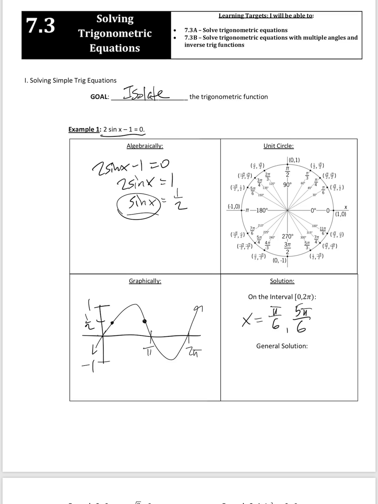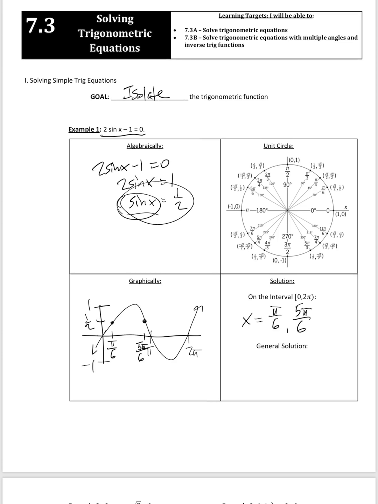Right here and right here. If we graphed that, we either know the points or we use a calculator and find those points. We see it's the same, pi over 6 or 5 pi over 6. So I'm really just solving for the sine function, and then think of it as taking the inverse sine of both sides. Solving for x, getting x by itself.